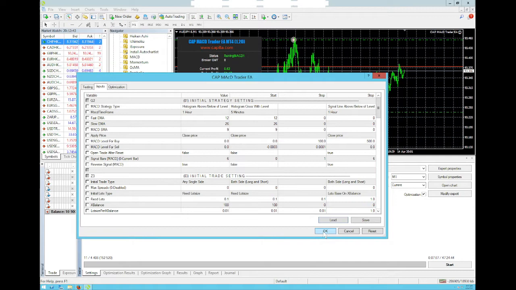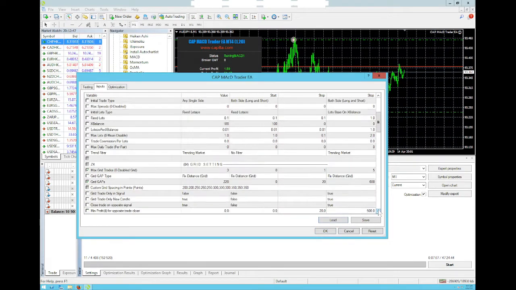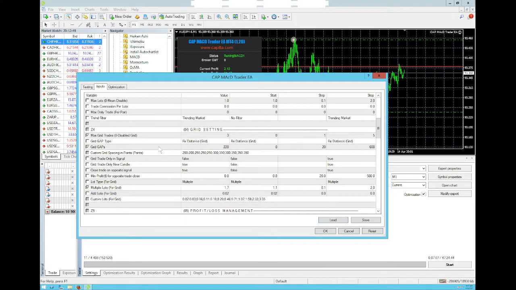I'm gonna put OK. In here, I ended up with total grid of 3. It'll go negative up to 3 times and place trades up to 3 times with grid gaps of 220. So up to 660 points negative before it places its last trade.